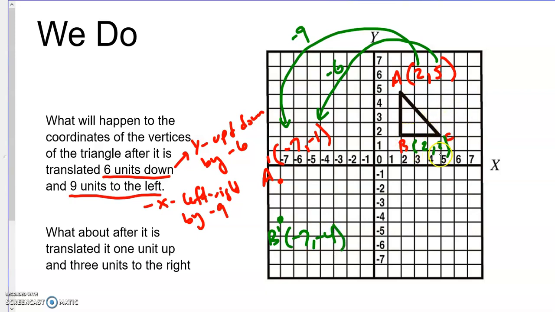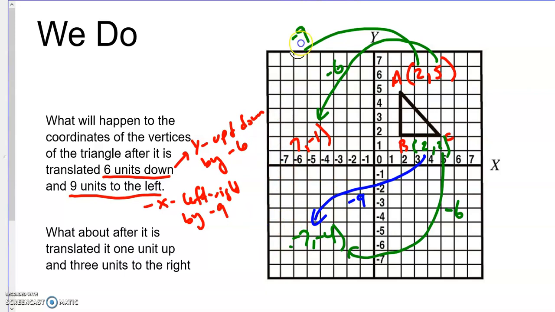We said the y coordinate would change by -6. It went from 2 to -4. That is indeed a change of -6. And we said the x coordinate would change by -9. It went from 2 to -7. That is indeed a change of -9. So that's exactly what happens. As you translate the figure, it changes by the amount and the direction given to you in the translation.